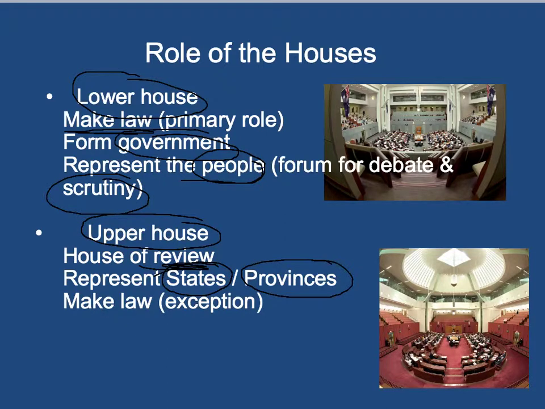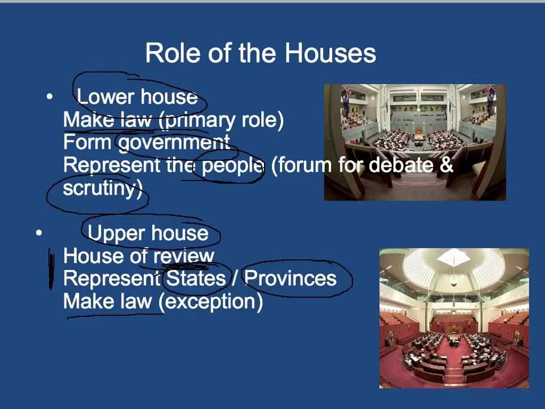So in this case, whether it be the Commonwealth or the state parliament, it's there to look at the collective rather than individuals. It also has the ability to make law, to introduce bills, with the exception of money bills, or those bills that are designed to raise and spend taxation. But it should be remembered that its primary roles are the first two. These are the main two roles.